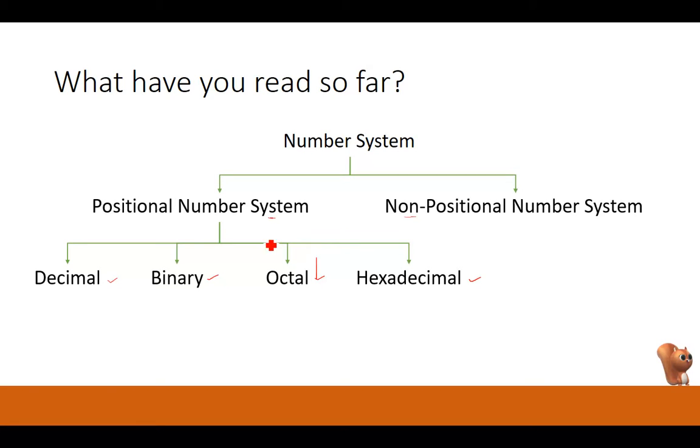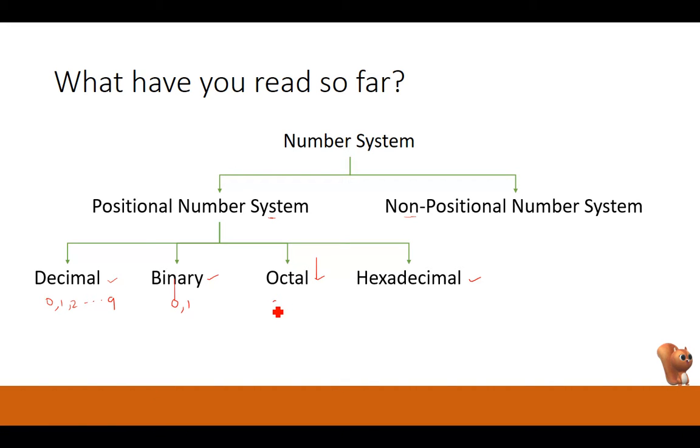You might remember that a decimal number system is built from the digits 0, 1, 2 up to 9, and a binary number system is built from 0 and 1.